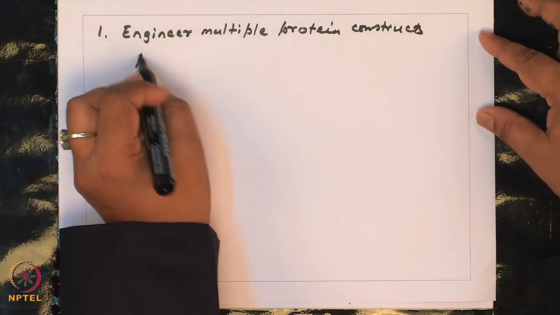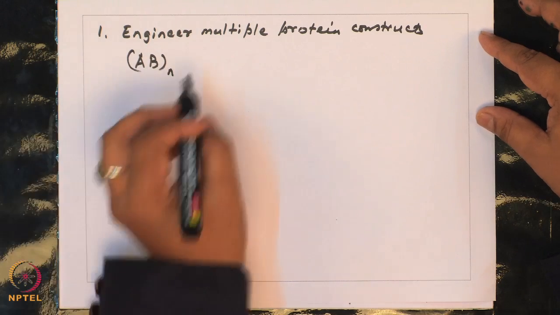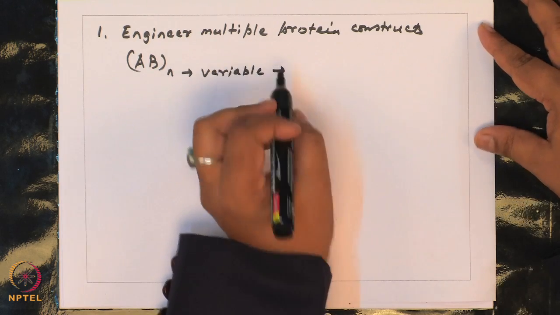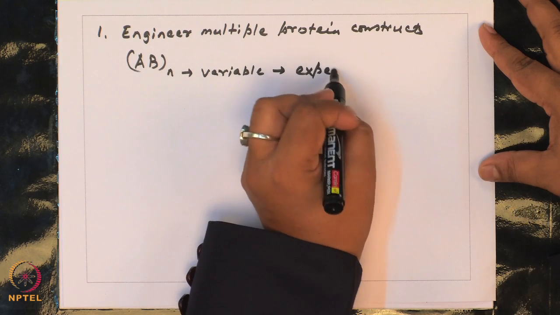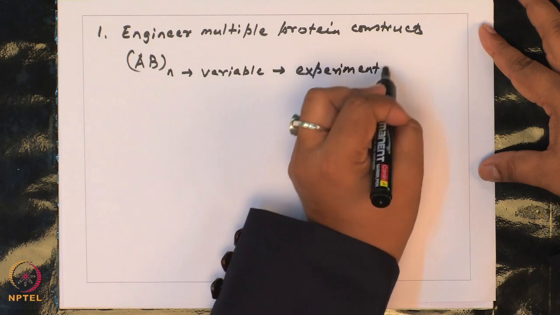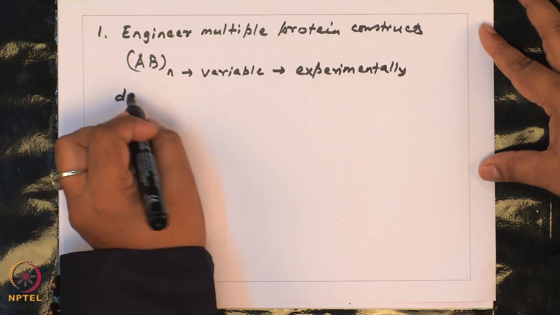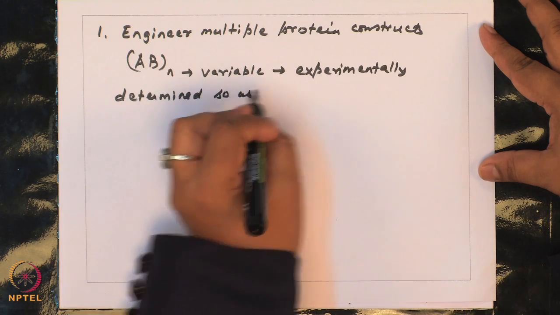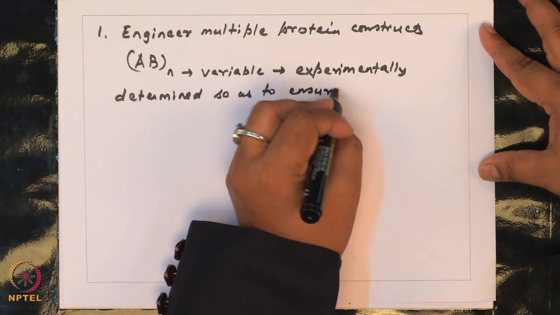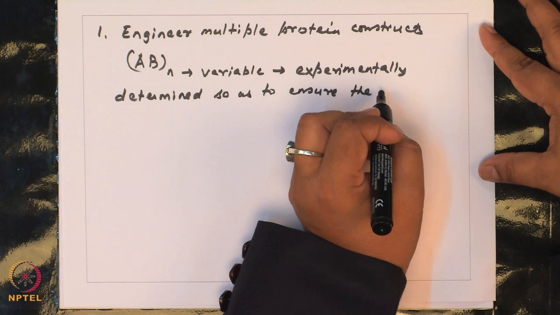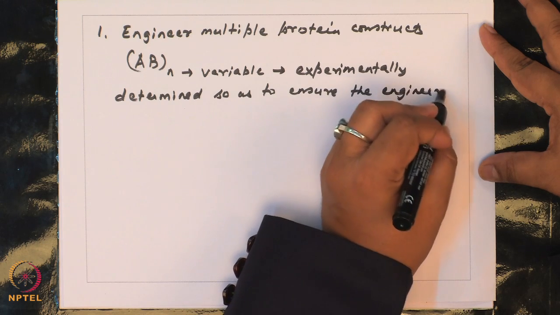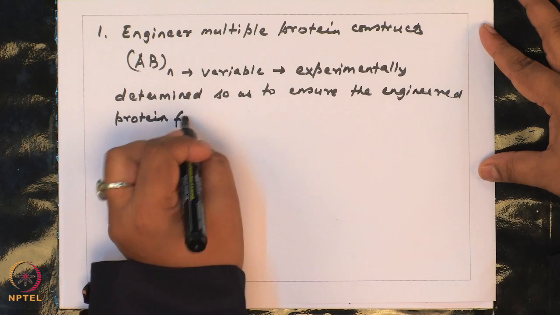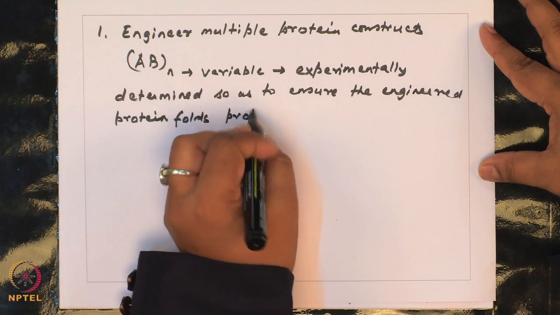I wrote it as A B of n, where n is a variable. n is experimentally determined so as to ensure the engineered protein folds properly.